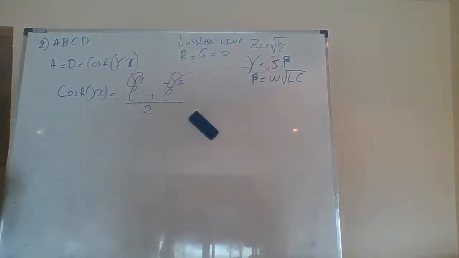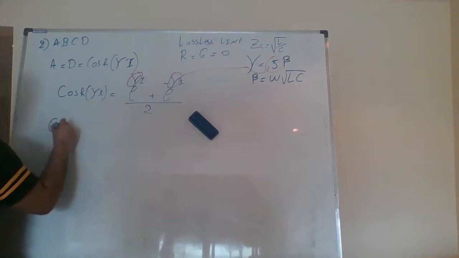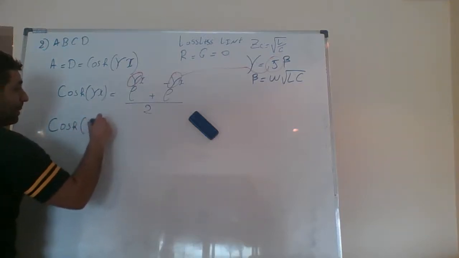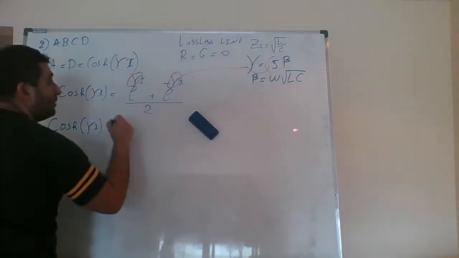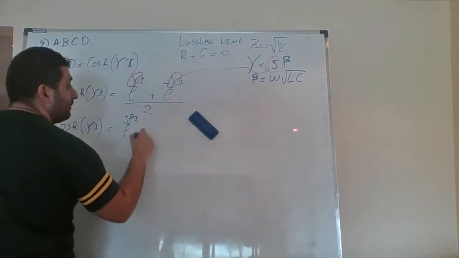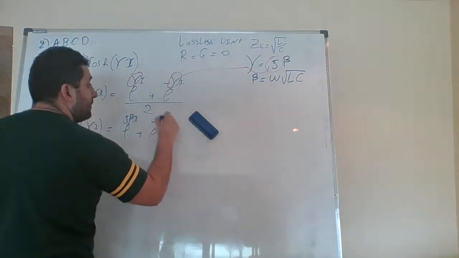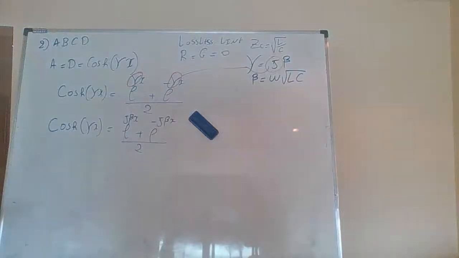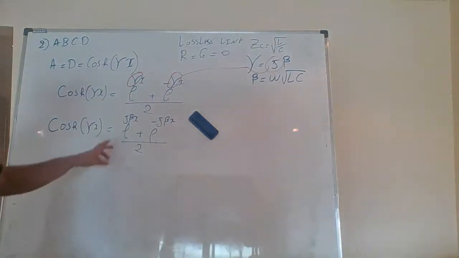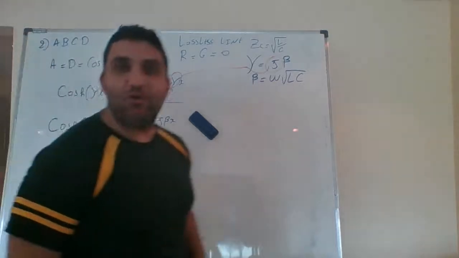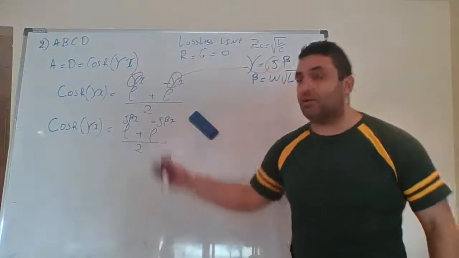So therefore, for me, cosine is equal to exponential of J beta x plus, hold on, this is a complex number. Exponential of J alpha, that's a complex number.